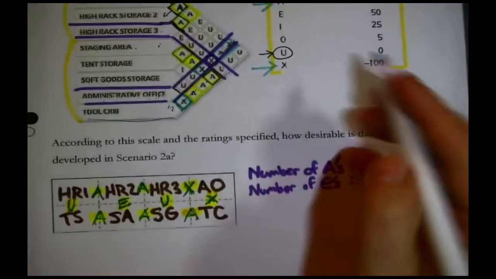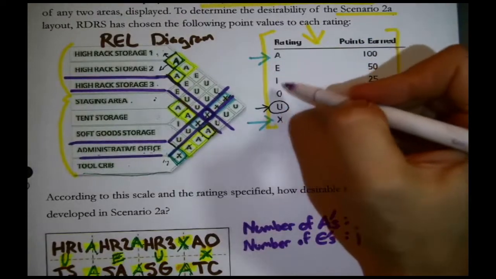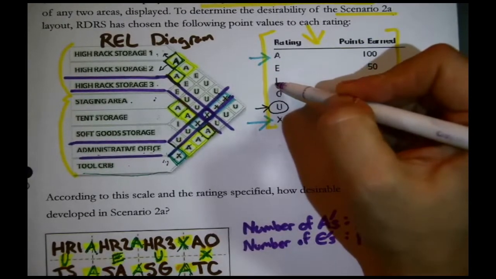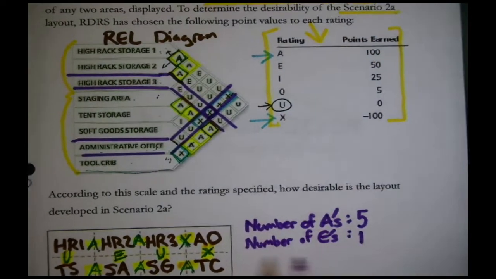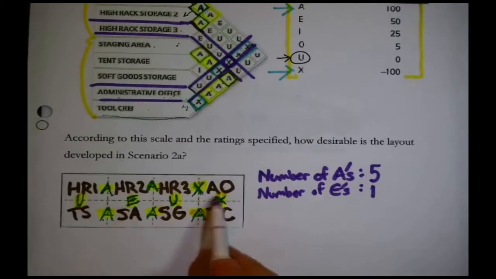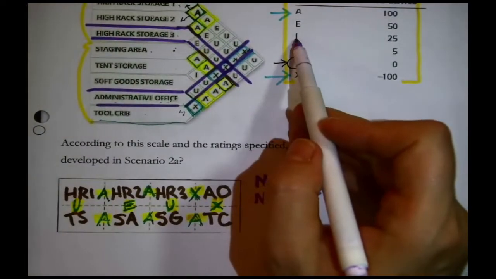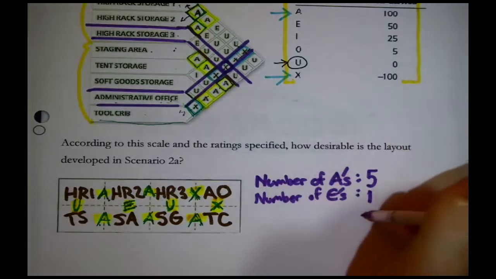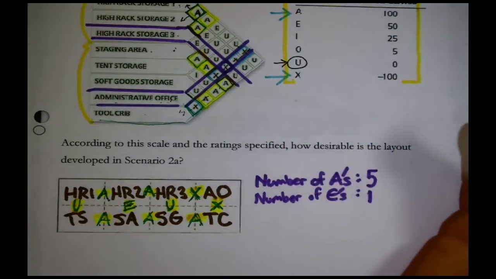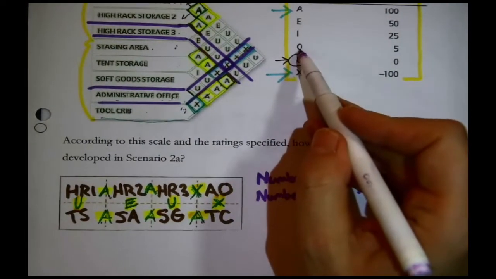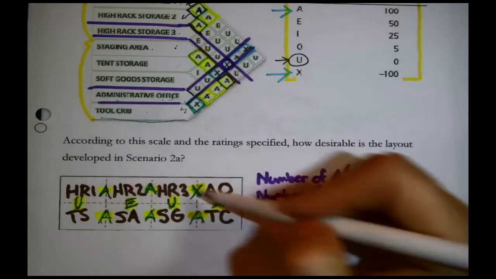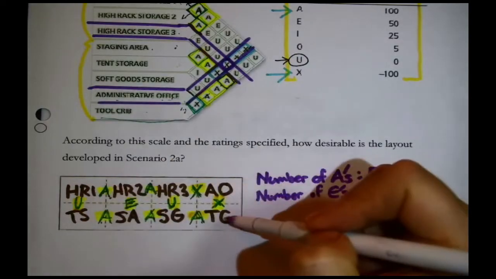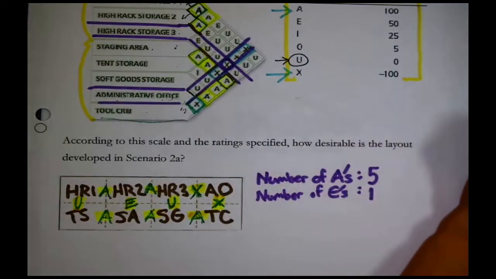Now, what I'm doing is I'm working my way down this list. Number of I's, you could write that if you want, but we're going to look in here and we didn't find anything with a rating of I, so the number is 0, so I'm not even going to bother to list it. Same thing with O, dropping down on the scale. Nobody has a rating of O, so I'm not going to bother to list it.